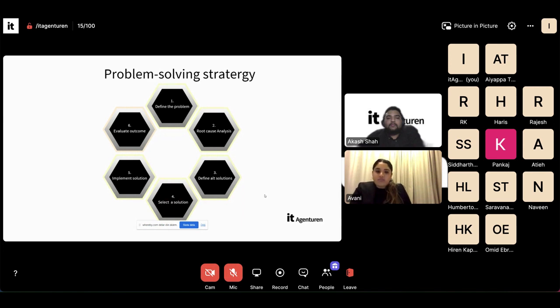The next step after that is usually defining your alternative solutions. Again, based on what type of problem it is, sometimes as an incident developer you have to recommend a system upgrade, or a system change, or a solution change, or an integration change.